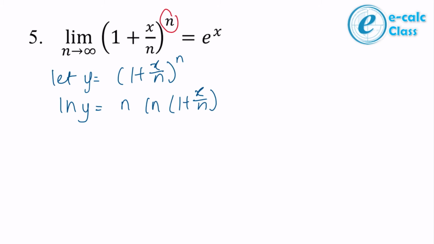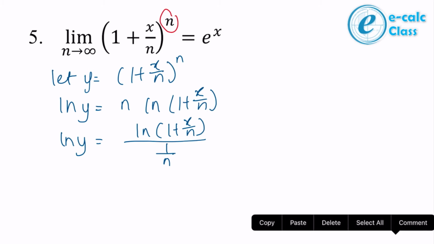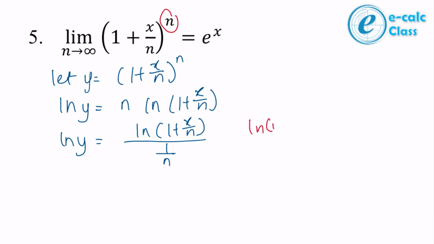I can write this as ln of 1 plus x over n, divided by 1 over n. Now it is a quotient. If you put in infinity, this will be ln 1, which is 0, and this will be 1 over infinity, which is also 0. 0 over 0, so you have the passport to use L'Hopital's rule.